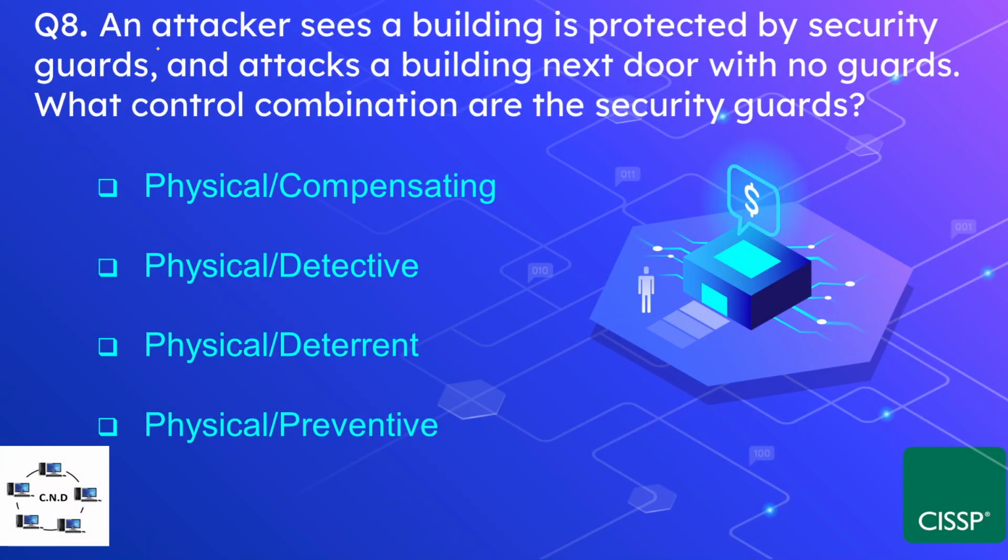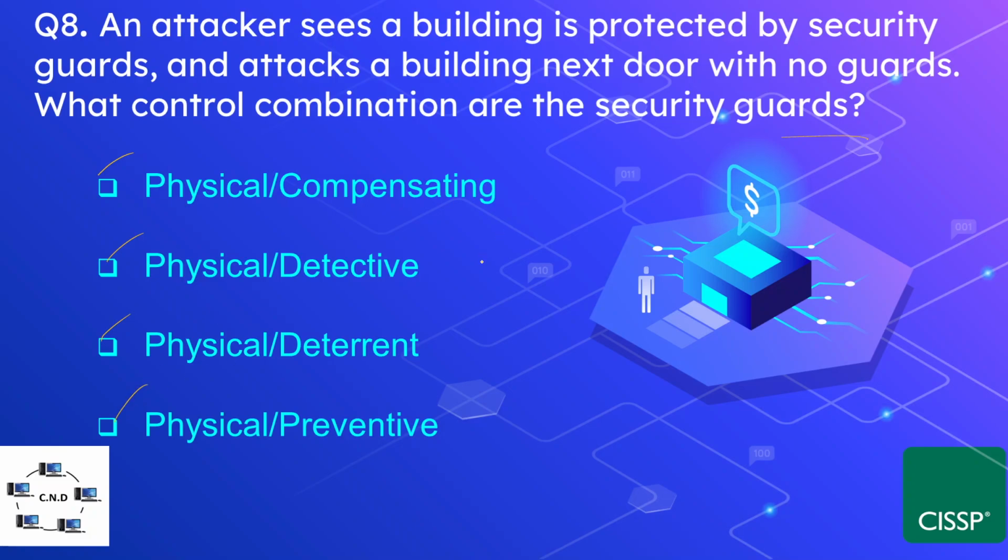The next question is: an attacker sees a building is protected by security guards and attacks a building next door with no guards. What control combination are the security guards? The options are physical and compensating, physical and detective, physical and deterrent, and physical and preventive.